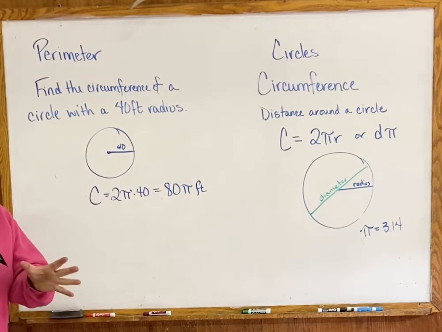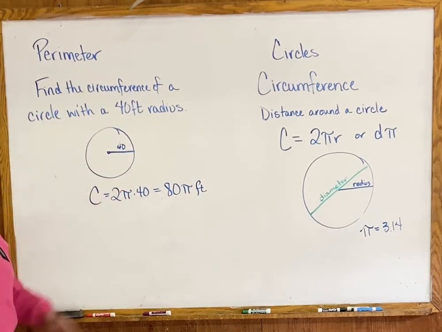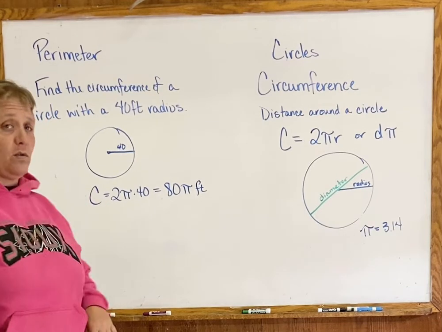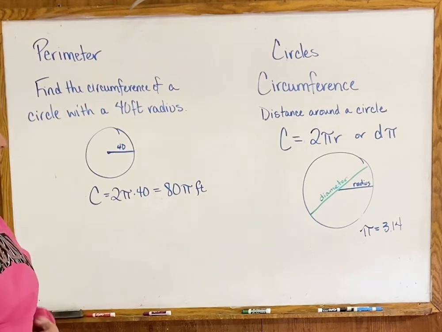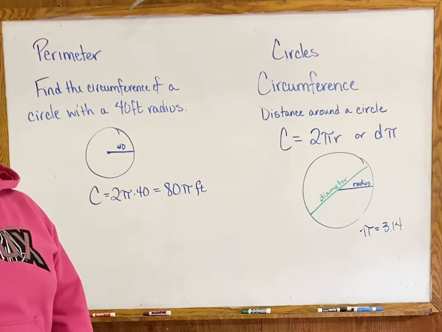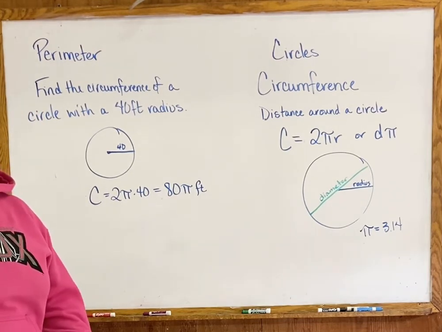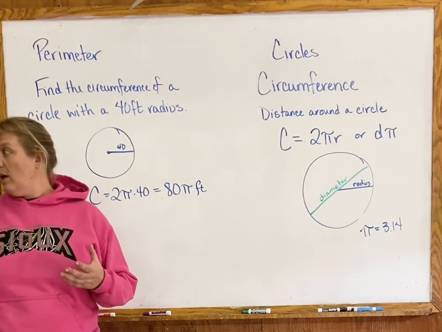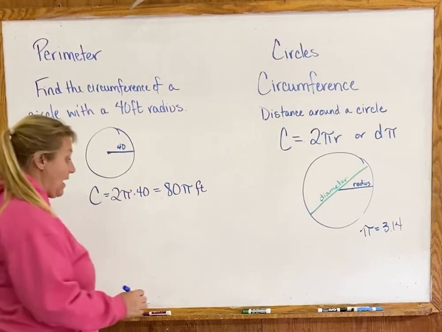If I was just in math class, not out in the real world, this is the way I would leave it. But if you go to somebody and you say, oh, the circumference or the distance around that circle is 80 pi, they're going to be like, 80 pi is what kind of pie? Cherry? What are you talking about? So if you're giving a real world example, you might want to multiply that out.